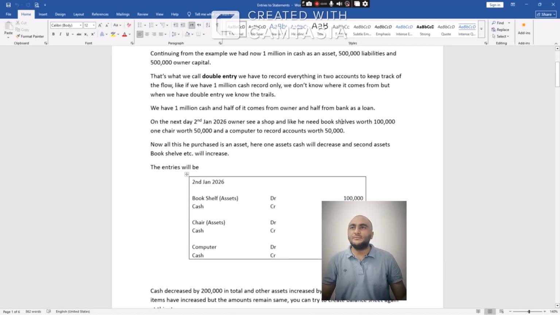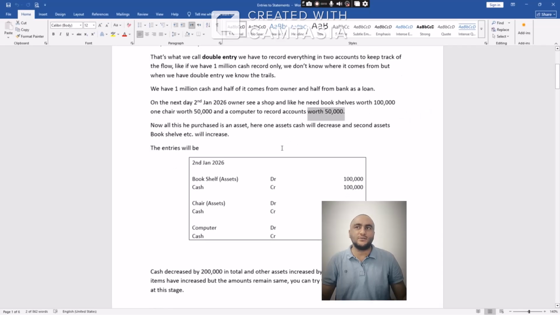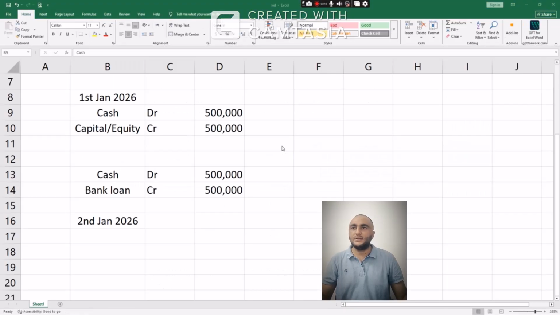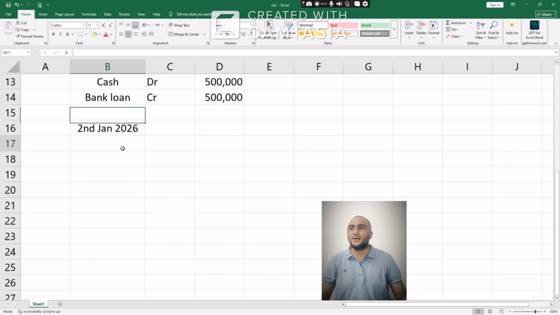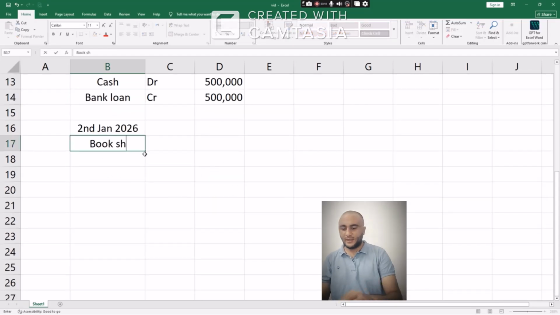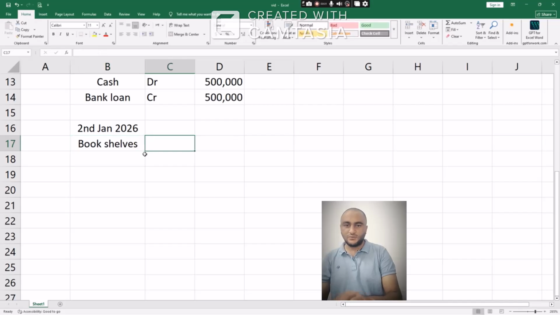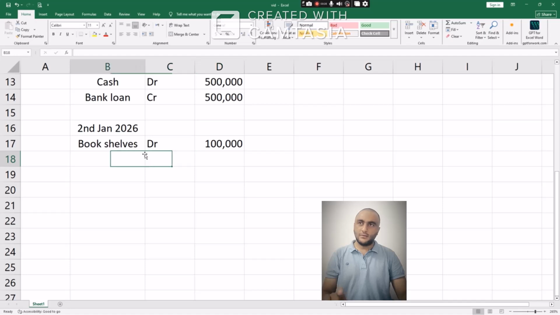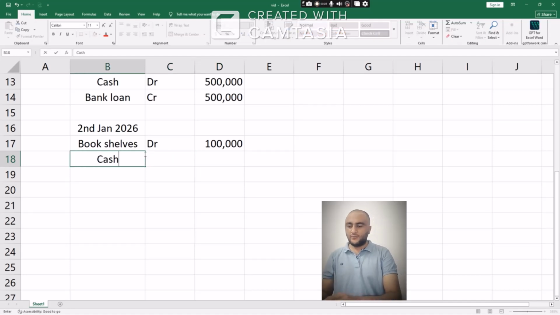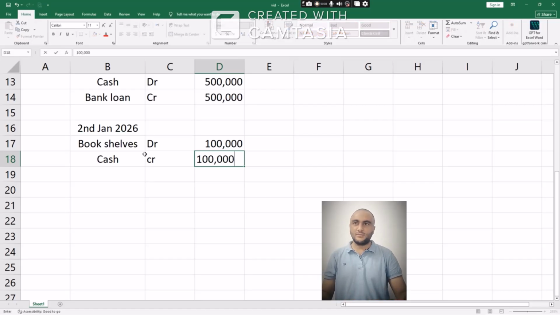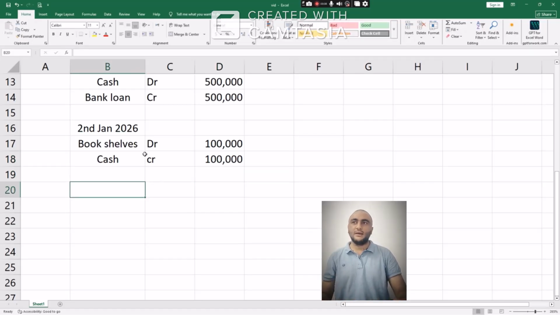Okay, on the next day he bought bookshelves worth 100,000, one chair for 50,000, and a computer to record everything worth 50,000. So we will record these entries on 2nd Jan 2026. Bookshelves, which will be our asset, will be debited 100,000, and if we purchase something, we give cash to the vendor, which will be 100,000 credit this time.